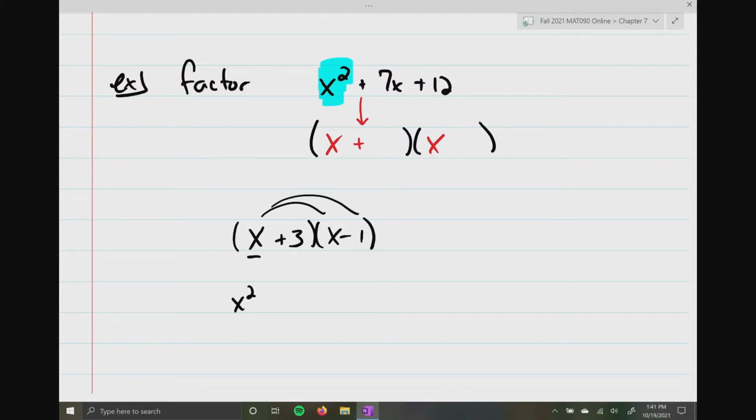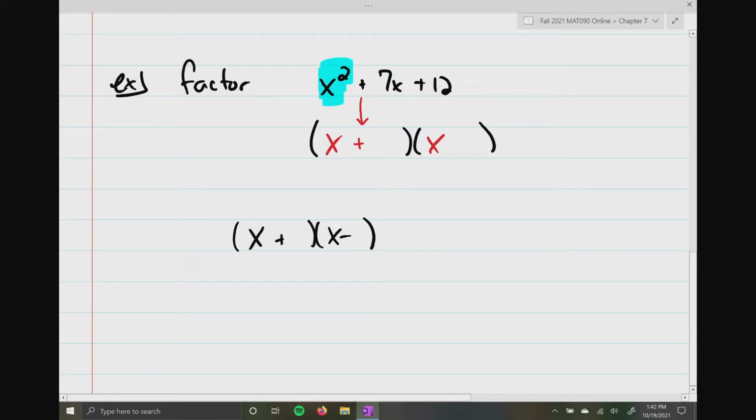And then I think to myself, if I take this second term in the first binomial and distribute it to both terms in the other binomial, I know that this number right here that's already underlined, positive 3, and this number right here is going to give me that negative 3 if I multiply them together. In other words, and this is really what I'm concerned with, watch this.